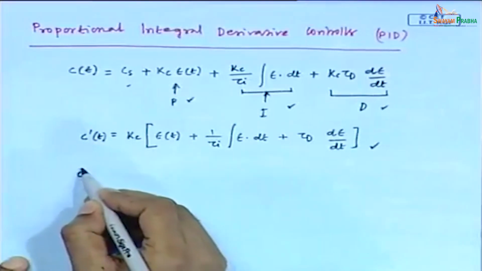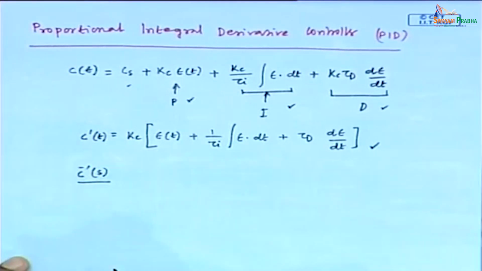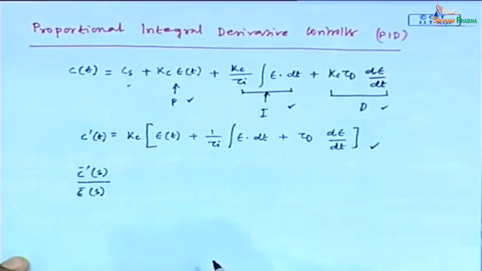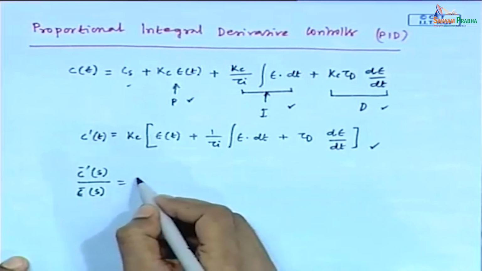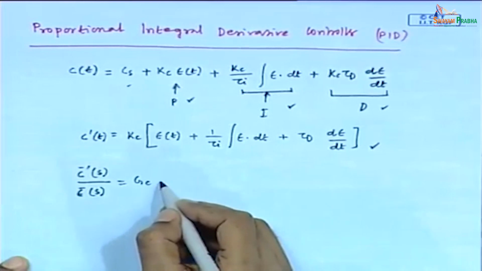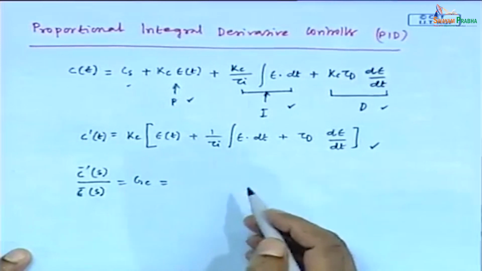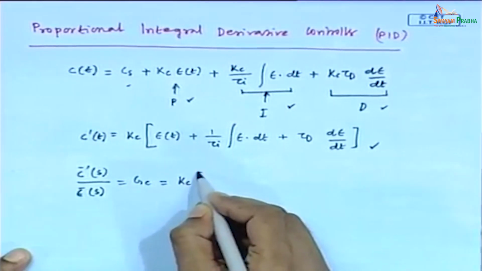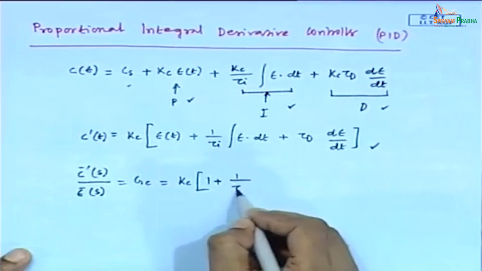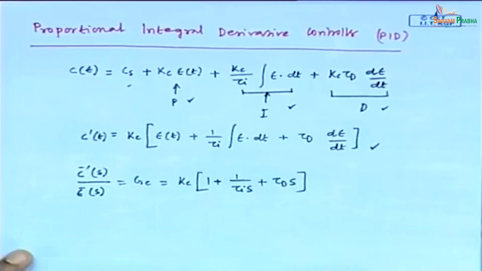If we take Laplace transform and rearrange, then we get C bar prime s divided by epsilon bar s, which is GC, and GC equals Kc times 1 plus 1 divided by tau I s plus tau d s.